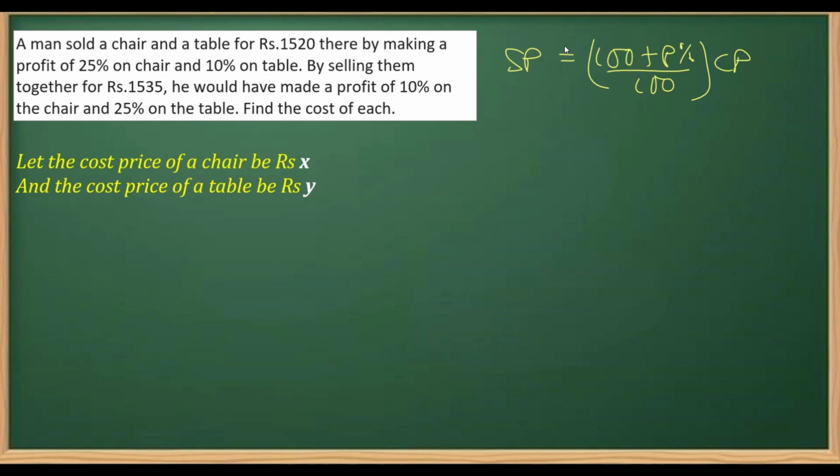So if I ask you what is the selling price of a chair, it should be 100 plus the profit percent, and the profit in case one is 25% on the chair.